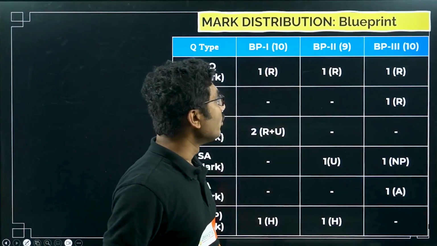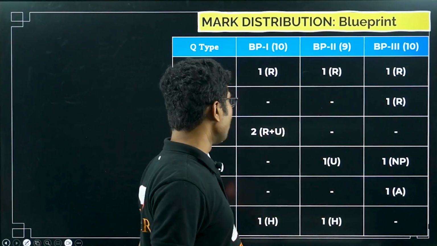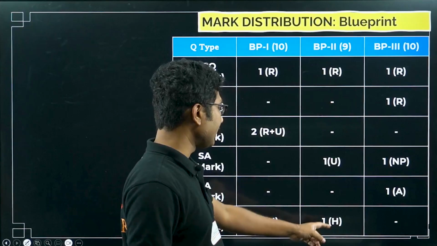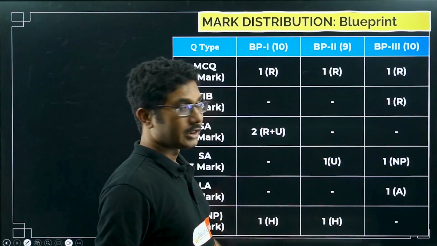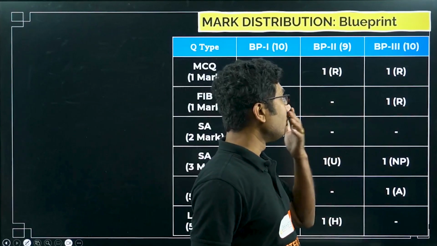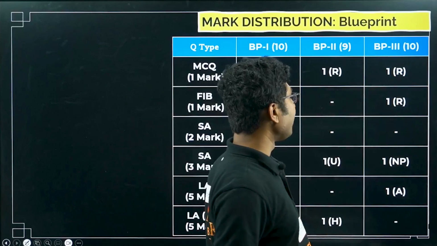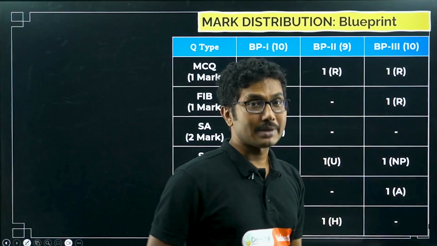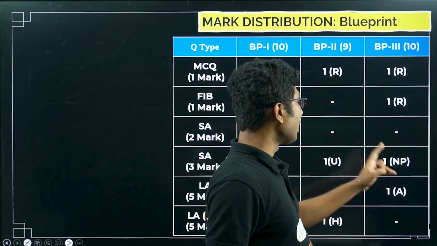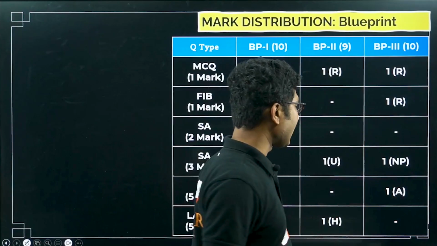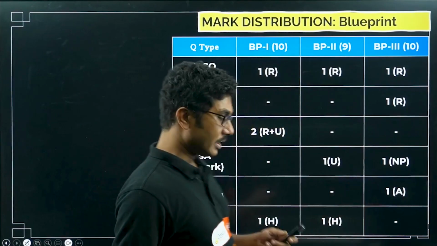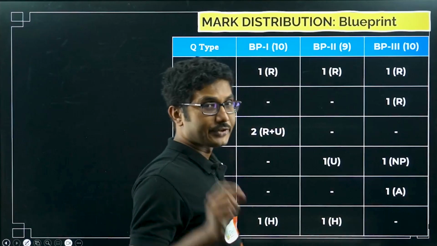Again in blueprint 2 there will be one MCQ, one 3-mark understanding question, and one HOTS numerical question. Blueprint 3 says there will be one remembering based question, one remembering based fill in the blanks, one 3 marks numerical question, and one long answer type question, which is a derivation kind of question.